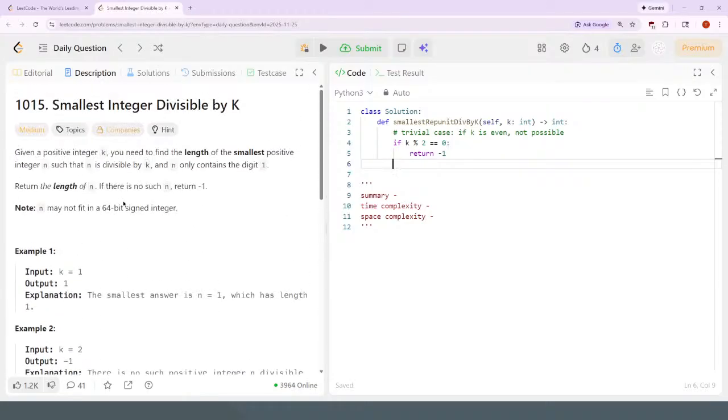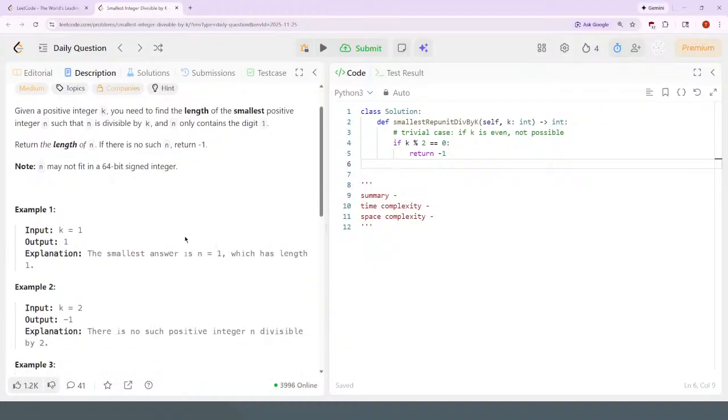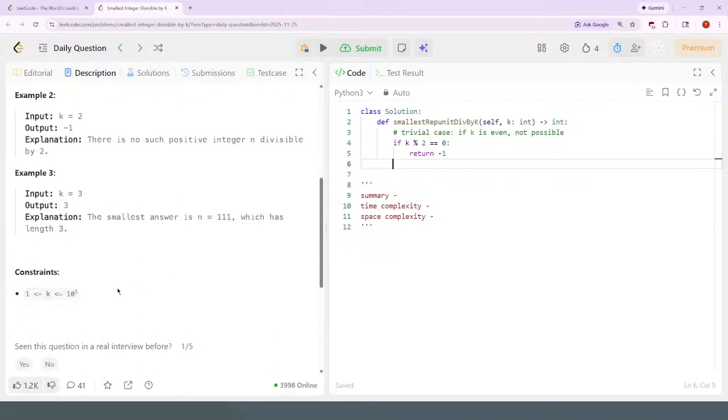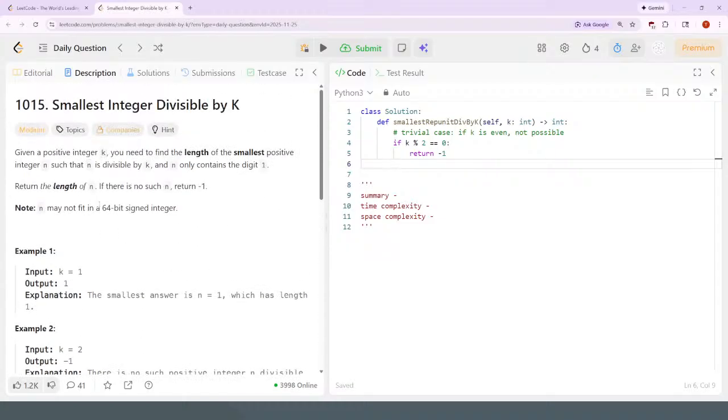So I have to go about the possible case. It's going to test my number theory knowledge here. If you have a number that's all ones, you probably don't want to actually simulate it. You don't want to actually generate the number, particularly because it can be a very large number.